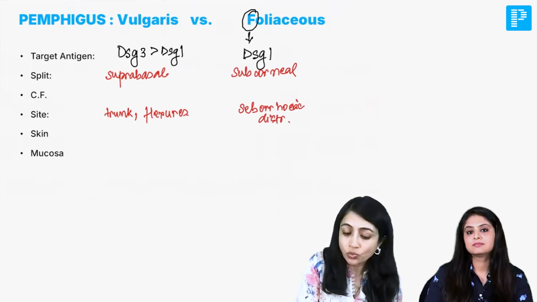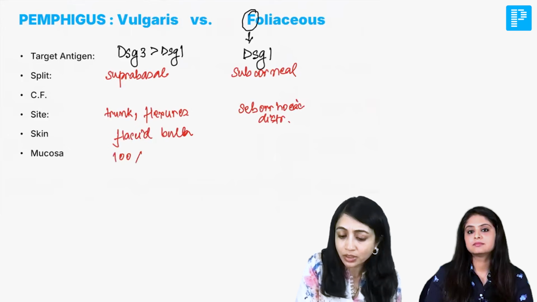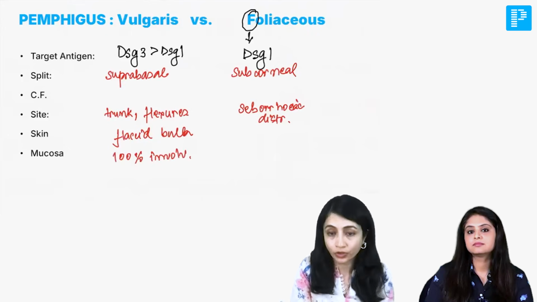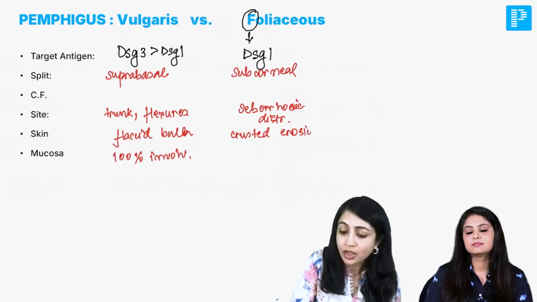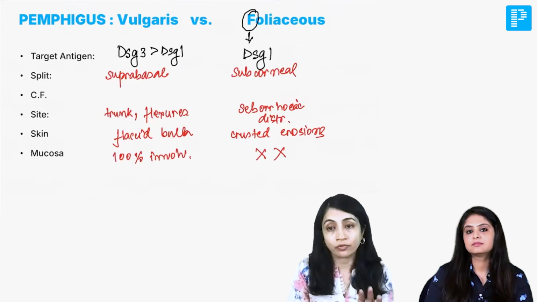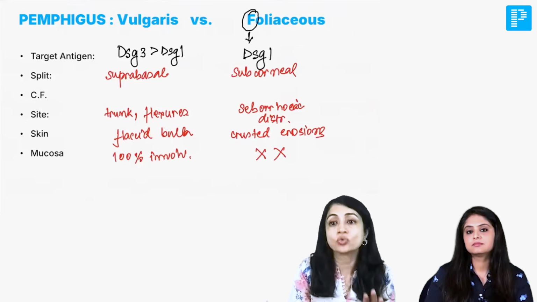In skin, you would see flaccid bulla here, and in mucosa, you would see 100% involvement of mucosa, so there will definitely be a history of erosions. In foliaceus, you just see crusted erosions. You hardly see a bulla here, and you would definitely not see any oral or mucosal involvement.